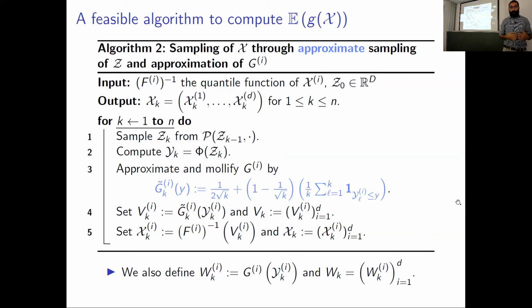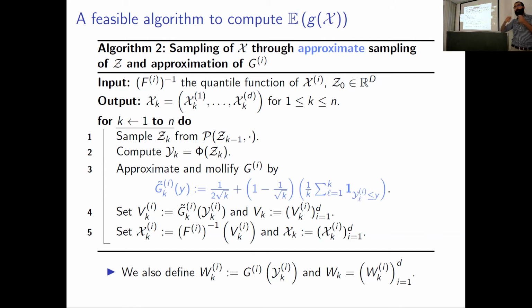So how do I construct this approximation? Forget about these first two terms here, and just look at this. All I'm doing is computing the empirical c.d.f. based on the samples along the chain.